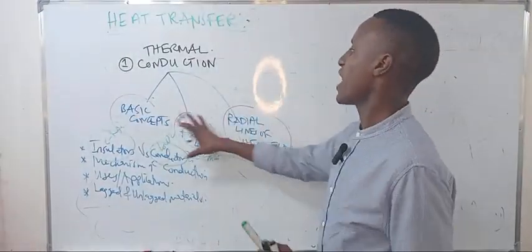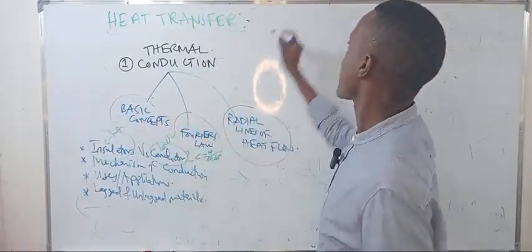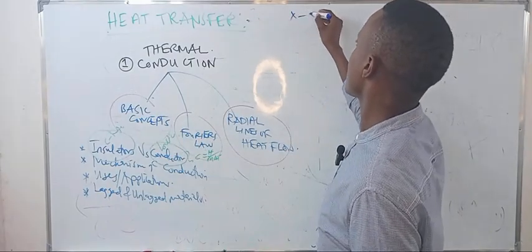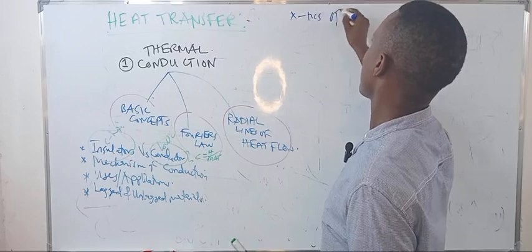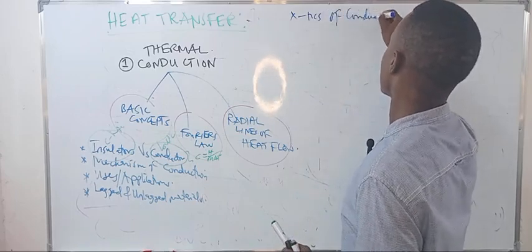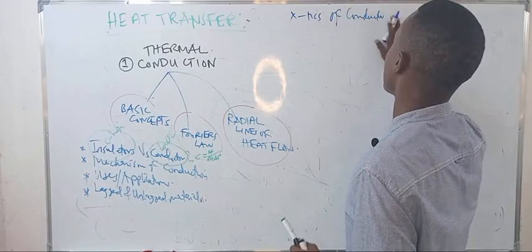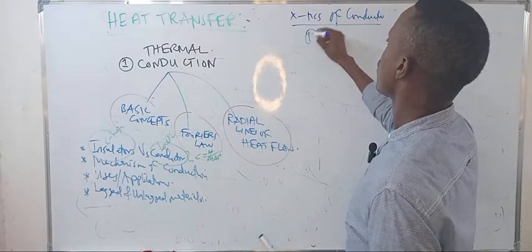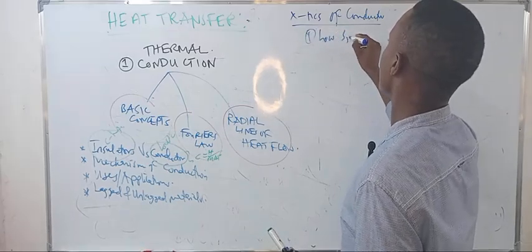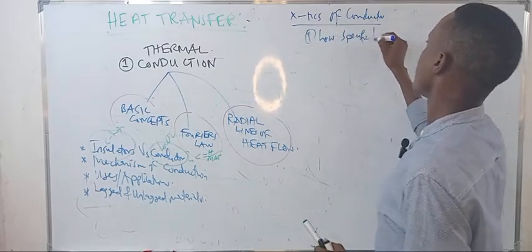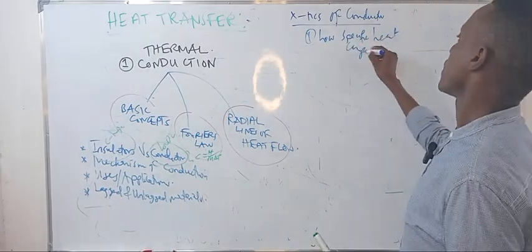So talking about the basic characteristics of conductor and insulator, you just revise them. First thing, the conductor should have low specific heat capacity.